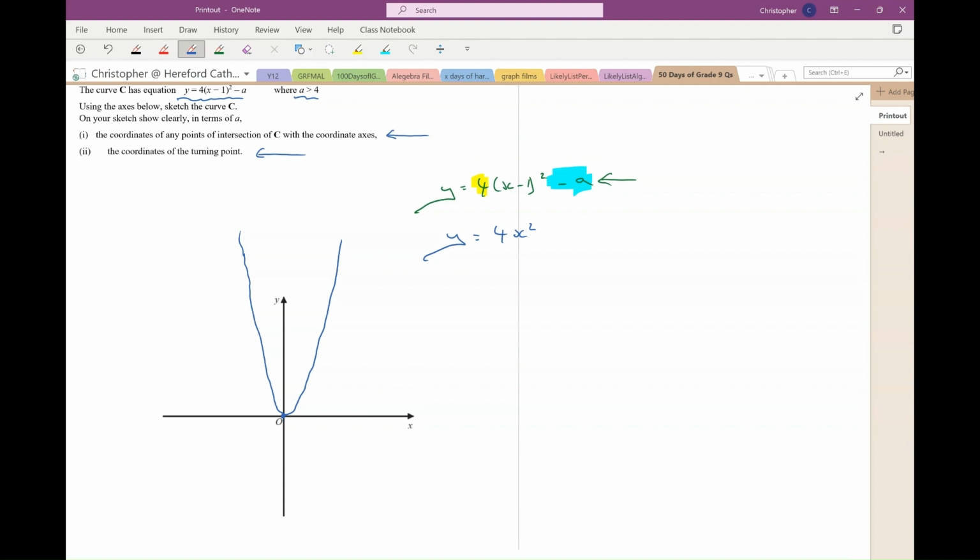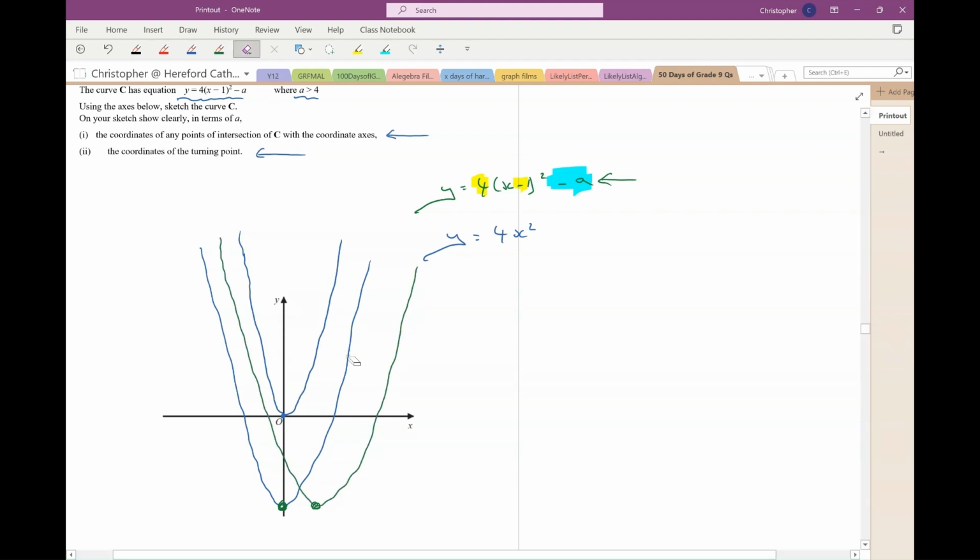Now I know that a is greater than 4. So it could just be shifted like this, couldn't it? A units down. But then I've also got this minus 1, so that's going to move it 1 the wrong way, isn't it? So it's going to move the minimum to here. Right, so in fact, the curve that I'm going to be dealing with is that green one.